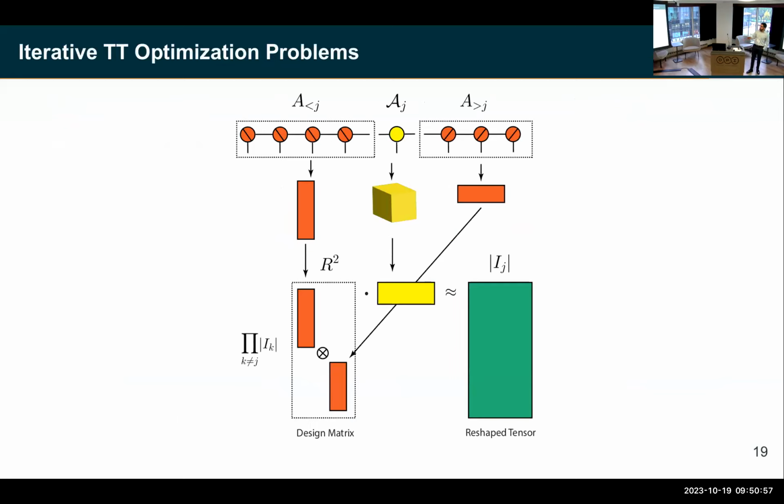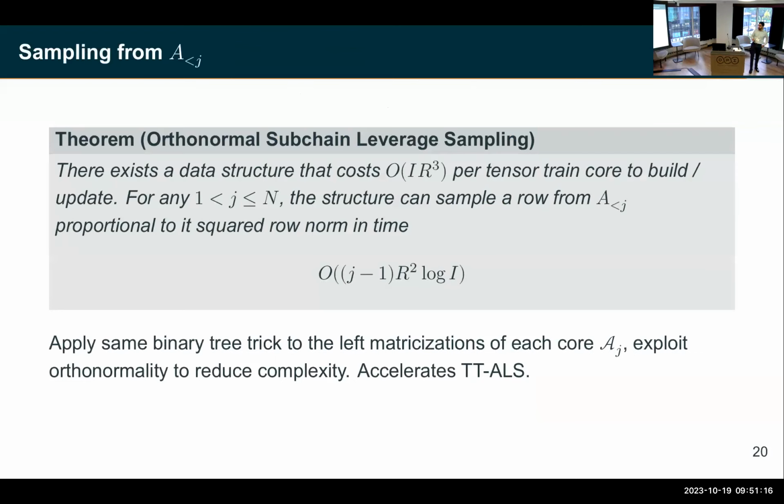It turns out that you get a design matrix that involves a product of these cores, which have this canonical orthogonal form on the left and the right, taking their Kronecker products, and then you have a flattened version of the tensor that you are keeping non-constant. You're trying to solve for the optimal value, and then again you have a reshaped version of the target, the observation matrix. So it turns out you can apply the same kind of binary tree trick to the left and right matricizations, and I'm just giving you the theorem for the left matricization.